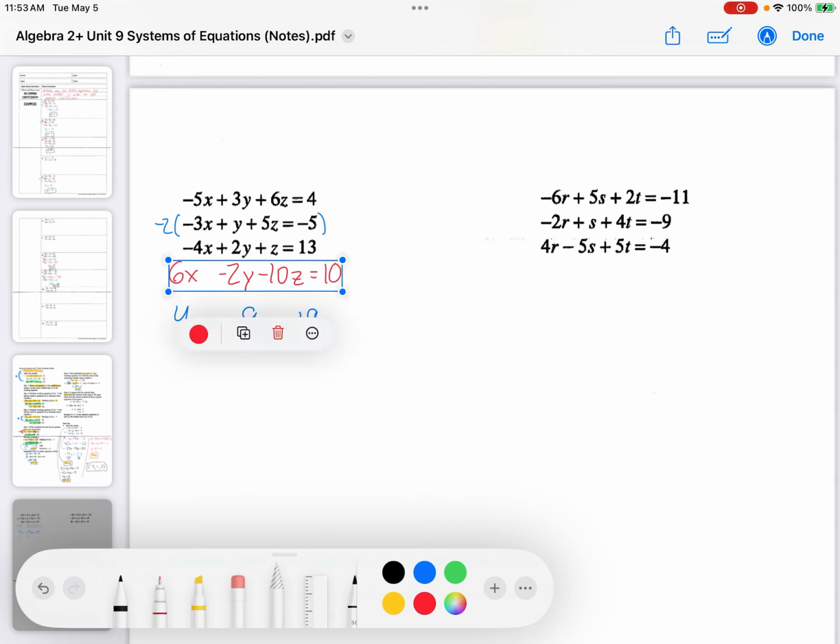Then if I add that with the bottom equation, here we go, it would give me -4x plus 6x would be 2x. The 2y minus 2y would cancel out. And then the z minus 10z would be minus 9z. And 13 plus 10 would be 23.